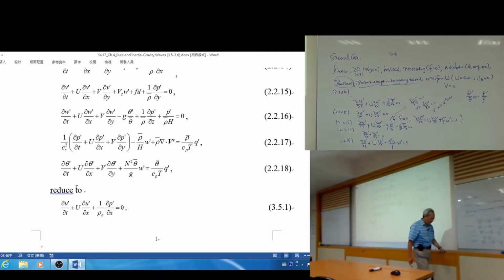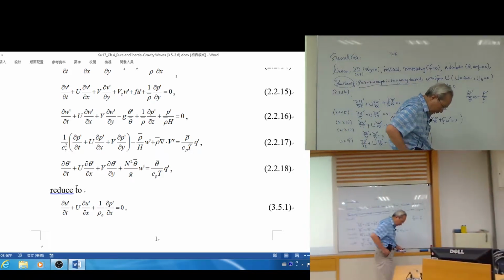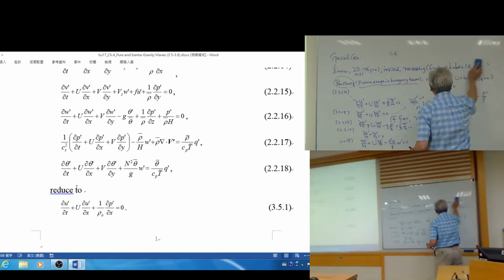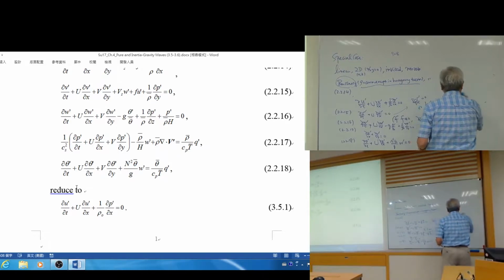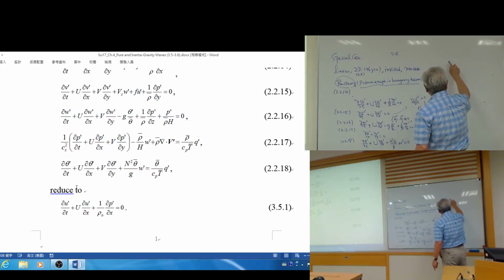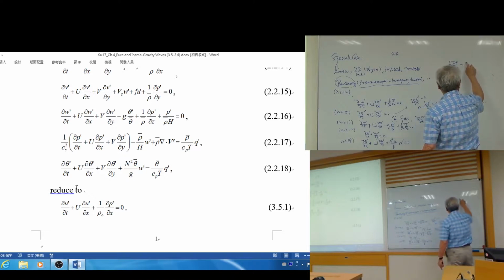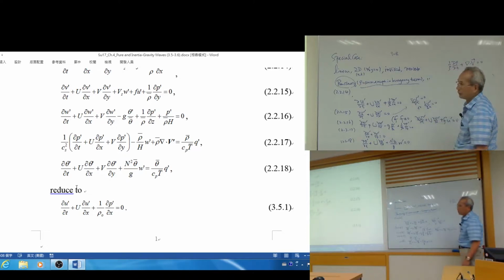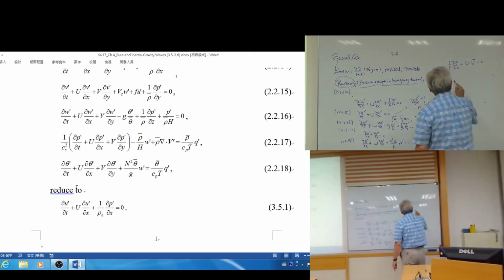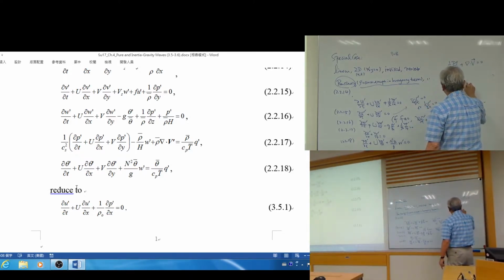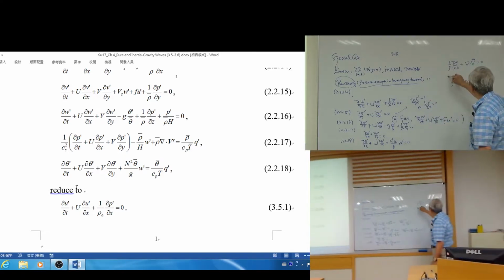Maybe better to look at the original continuity equation. The original one is 1 over rho d rho dt plus del dot v equals 0, right? Then because rho is constant, rho naught, this whole thing is gone.